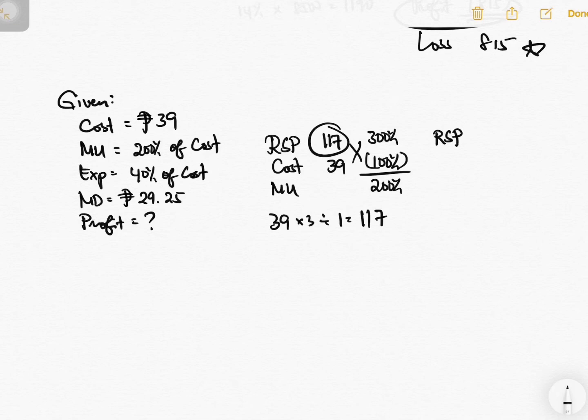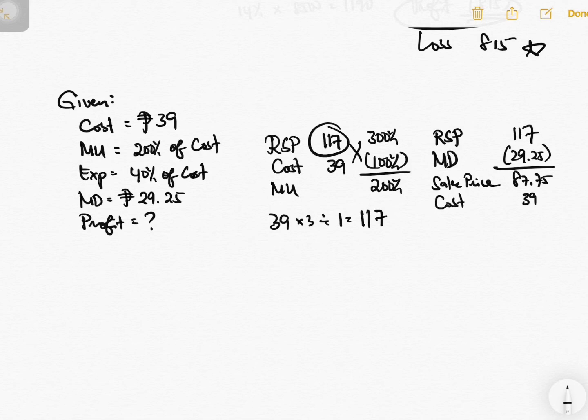RSP 117 minus your markdown. It's 29.25 to get your sales price. It's 87.75. Then you have your cost 39 to get your markup.